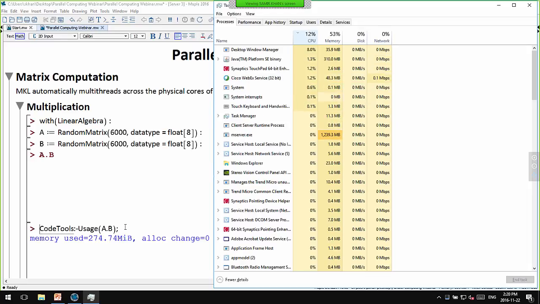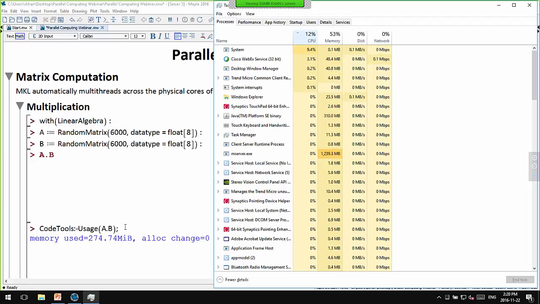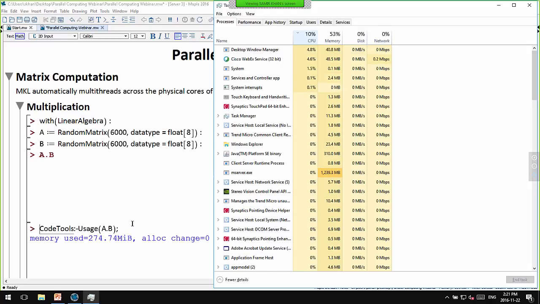If Maple was just using one core, the utilization would just be around 12.5%. But since Maple distributes computations across all of the cores of my computer, you could see the utilization spiking up to a much higher level.